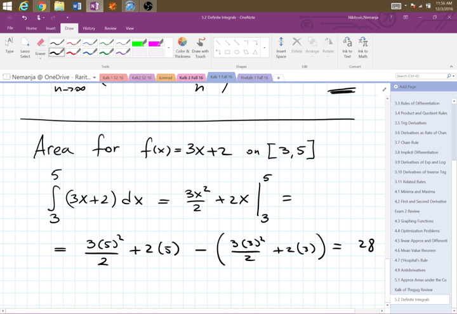So F of b minus F of a. Where is your grade going down? You forget these parentheses, and then this sign doesn't get changed, and then the whole thing goes to hell. So, F of b minus F of a, but when you are plugging stuff in, make sure you have the parentheses there, because this minus will distribute to each term.